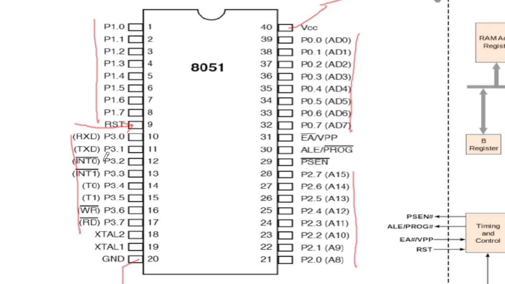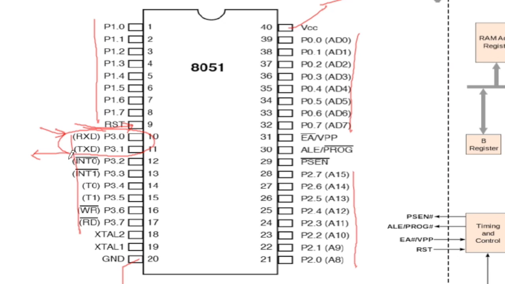Some of these ports serve special functions. So if you look at port 3, pins 0 and 1 are used for serial port communication. So RxD stands for inputs which are received at this port. TxD is the serial transmission pin.